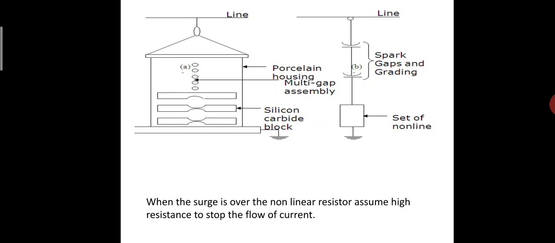See the diagram. Porcelain housing, multi-gap assembly, silicon carbide block, and wet process porcelain housing. The middle one is the spark gaps, then the base foundation, and the last one is the ground terminal connection.